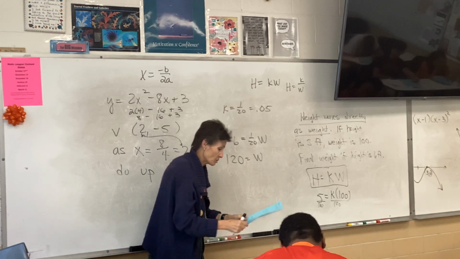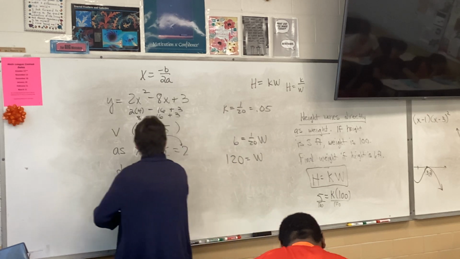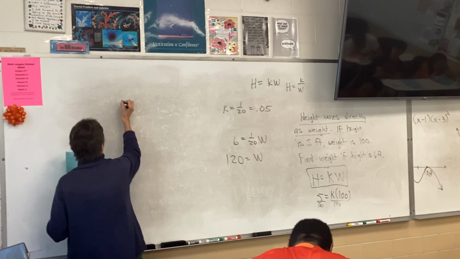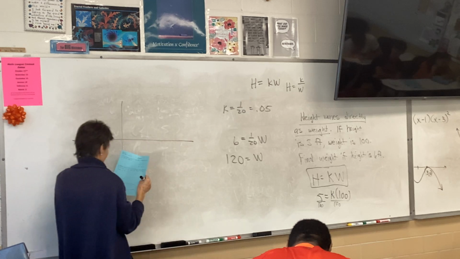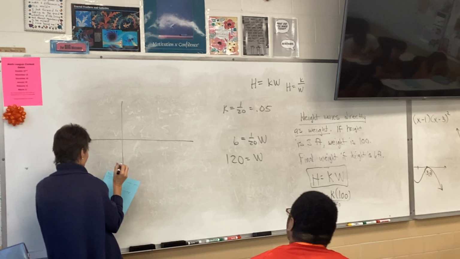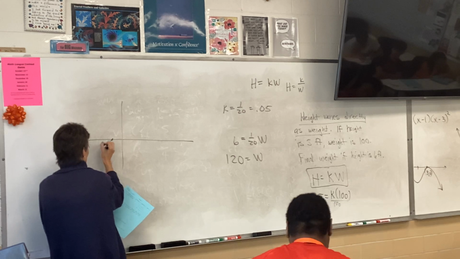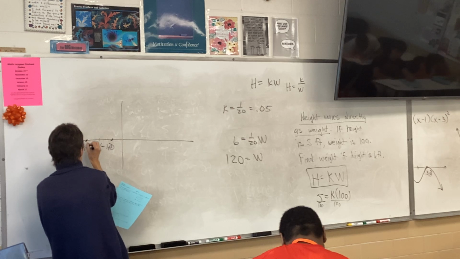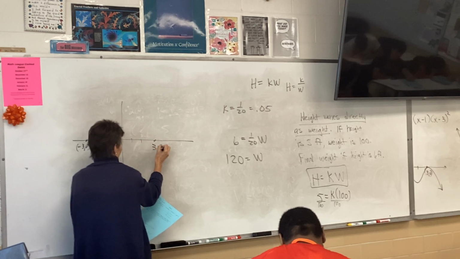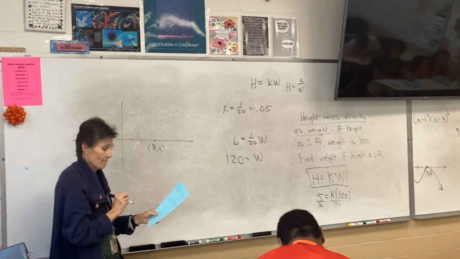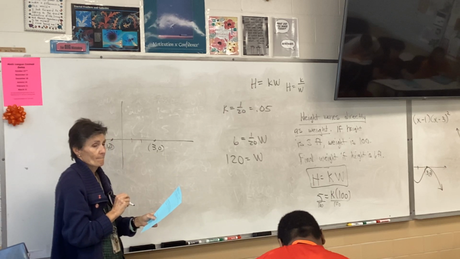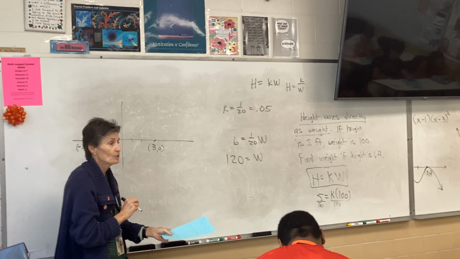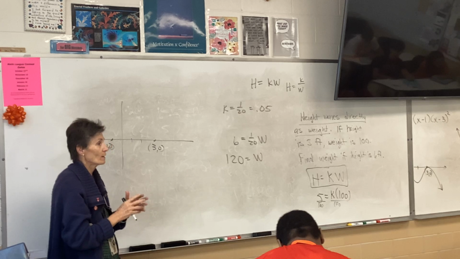All right, and then finally, this is what we talked about today. This is pretty easy. First of all, you're going to put your dots on, and you're going to put them where? -3, -1, -3, and +3. Okay? And then you have to know where to start.